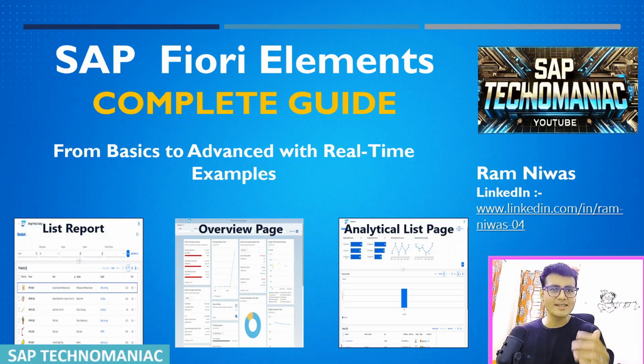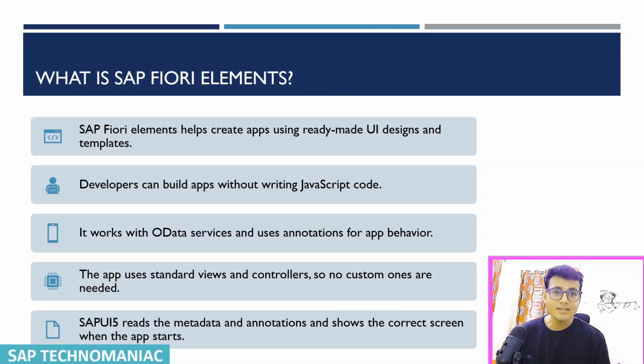So let's get started. What is SAP Fiori elements? SAP Fiori elements helps developers to create an application using standard templates and floor plans without writing a single line of JavaScript code. When we develop the same application in UI5, we need to create the views and controllers.